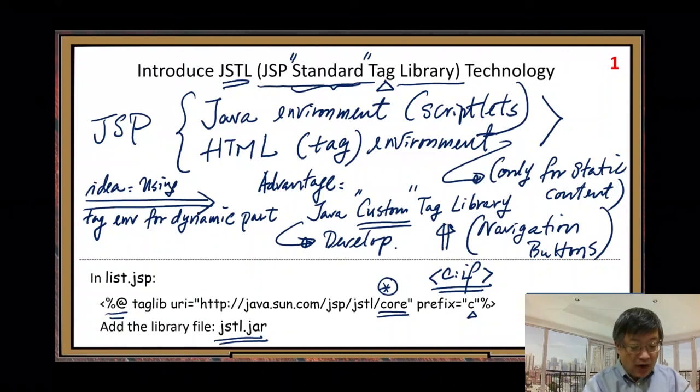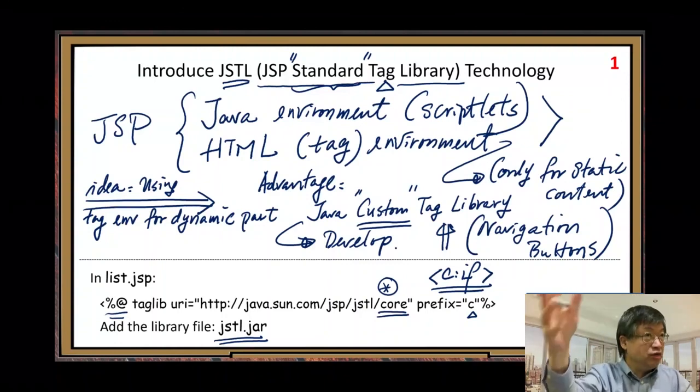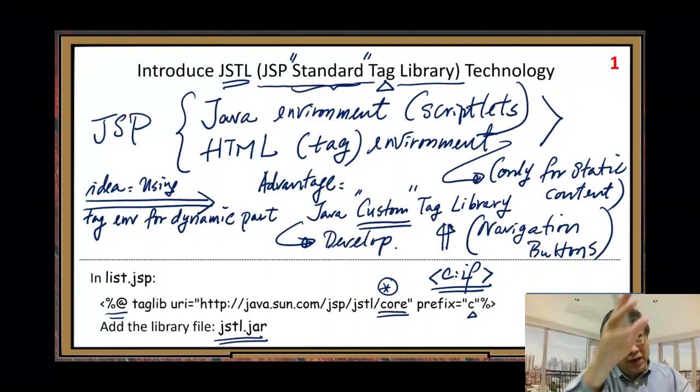This jar library file you put in the same lib location as your MySQL driver jar file. Then in your JSP, after you include this line, you can use all the features. So that's simple.